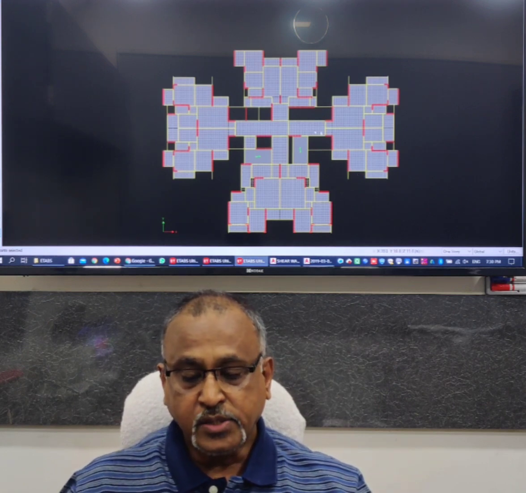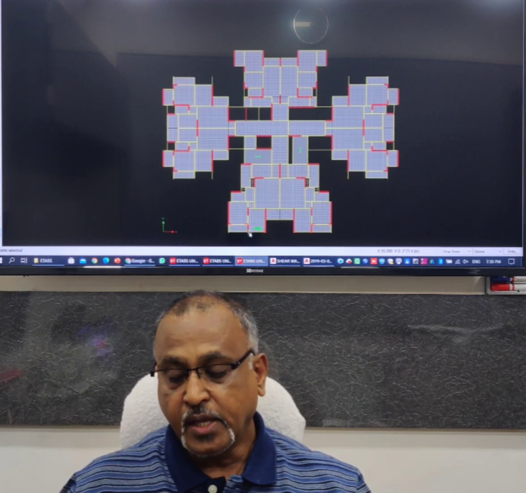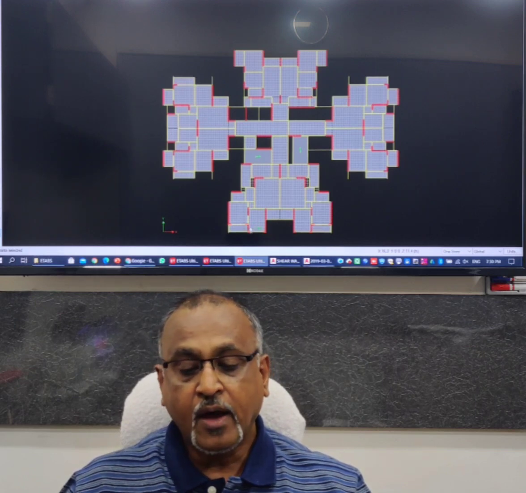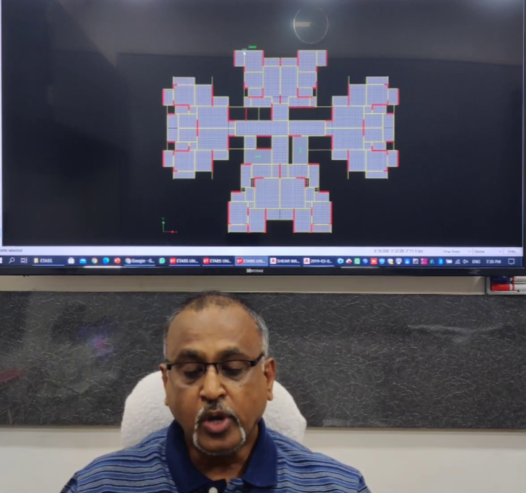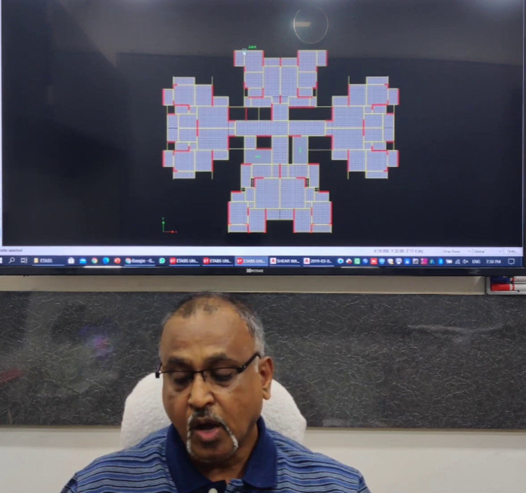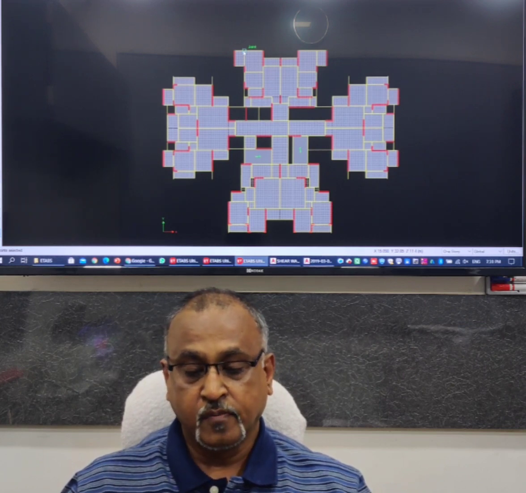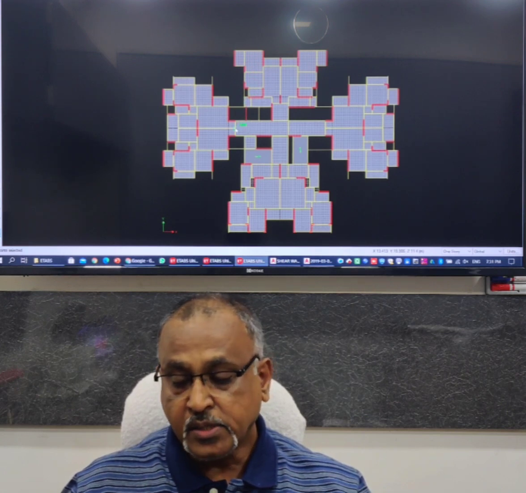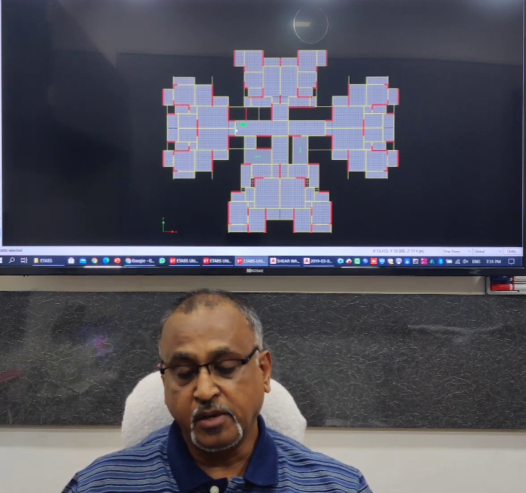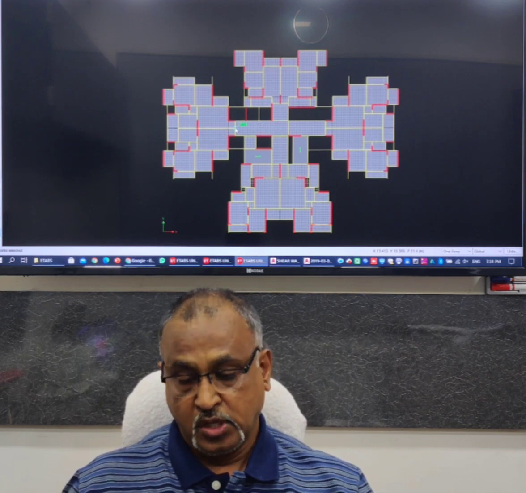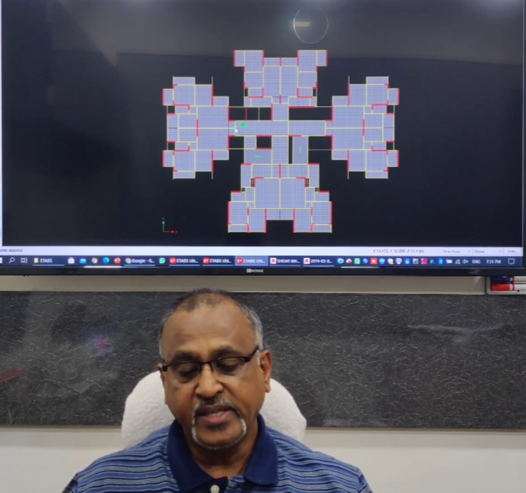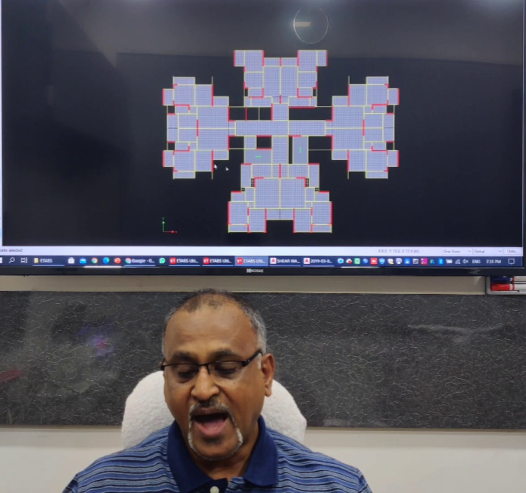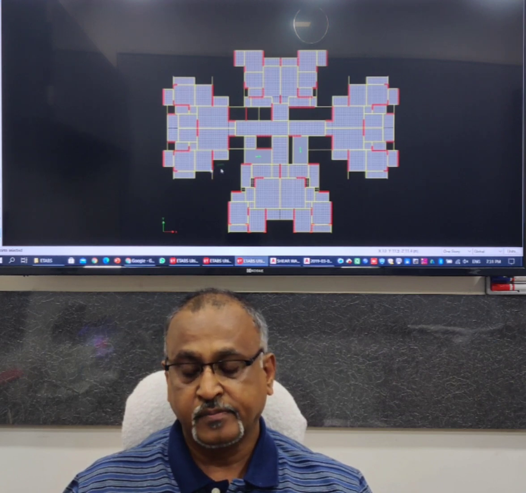Now if you look at this, you can notice that the Y dimension of the building is around 33 meters, and the center appears at 18 meters. So the building plan is oriented in such a way that more mass is concentrated here.